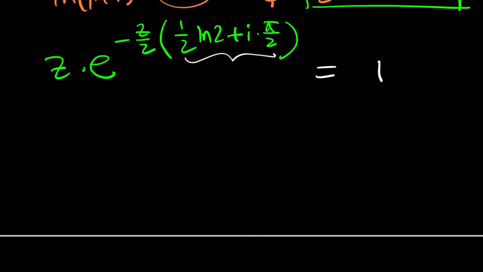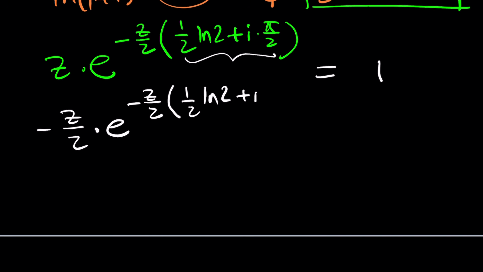Okay, let's do that. Let's multiply by negative 1/2 first. Maybe that'll be easier to understand. Let's multiply by negative 1/2 and it gives us this. Of course, you have to multiply both sides, so on the right-hand side, it's negative 1/2. Great. Now, we need to multiply by this so that this becomes our t.